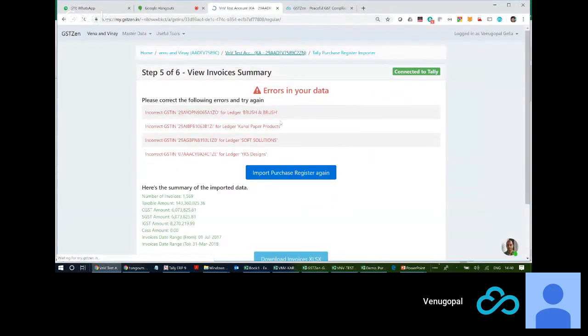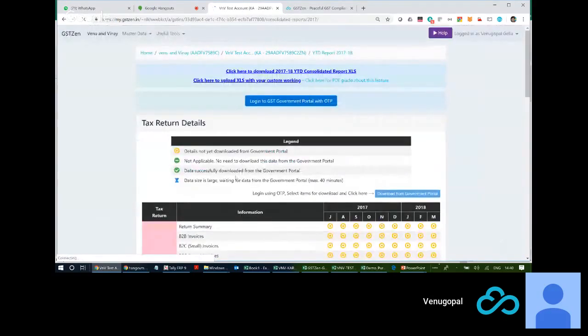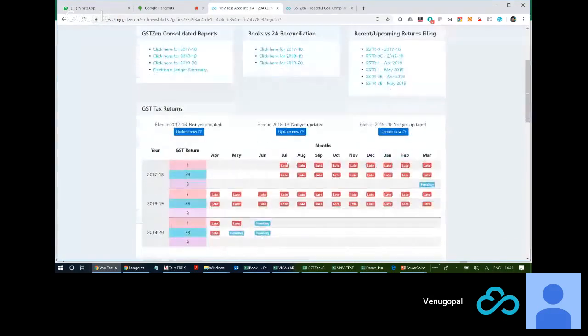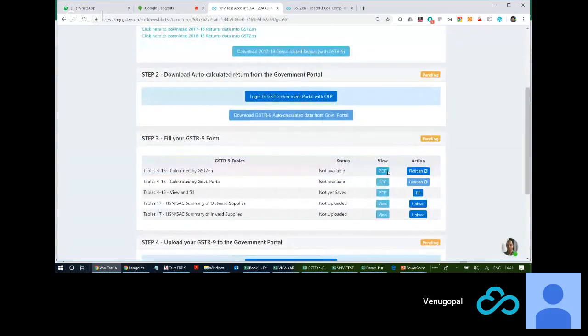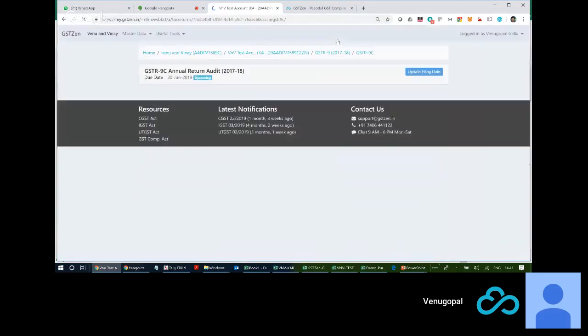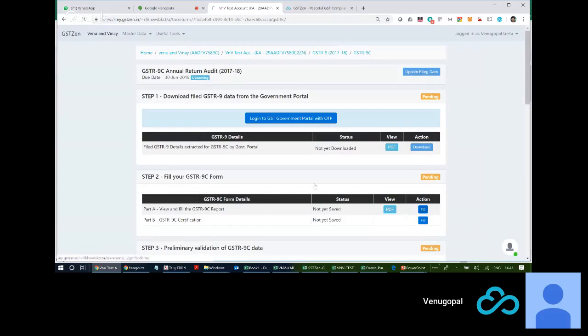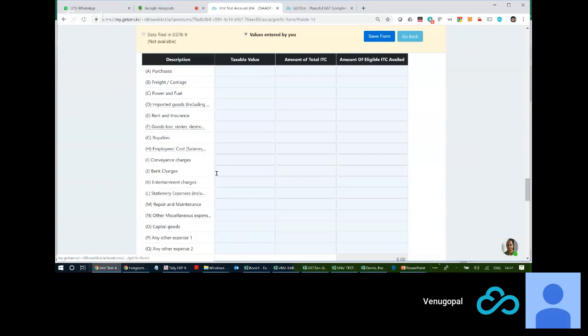Going back to my GSTR-9C on the portal, when I'm in GSTR-9C of GSTZen, I come back here and go to table number 14, where I have to now enter the values: how much of my purchases, what is the ITC, how much is availed.